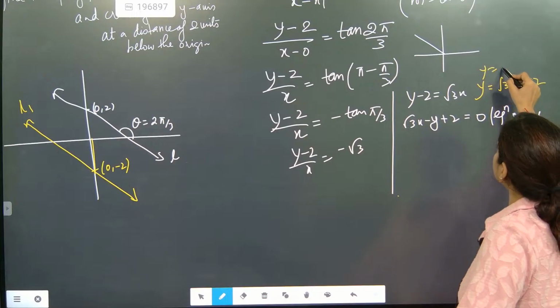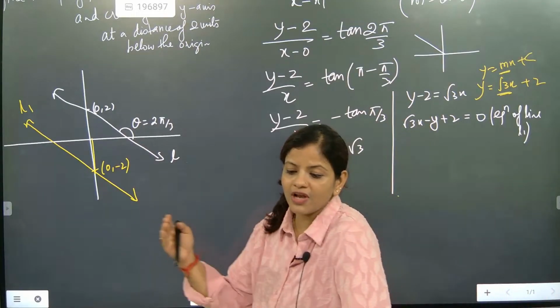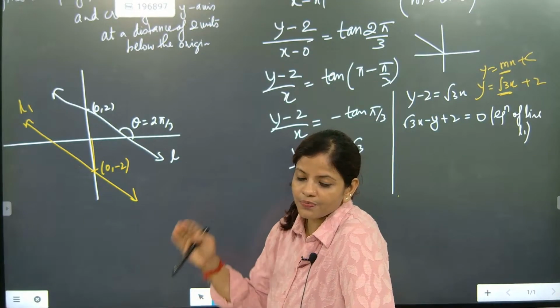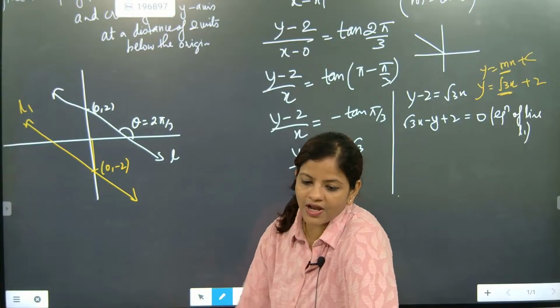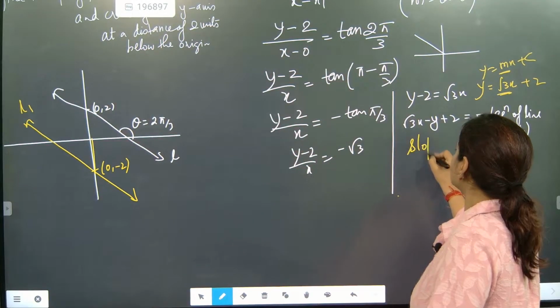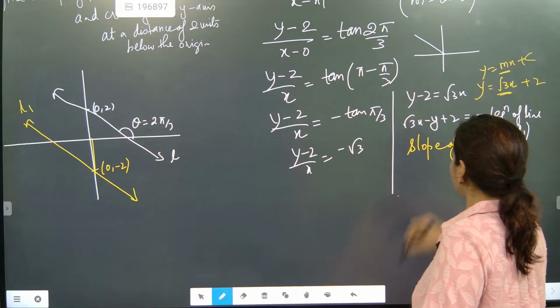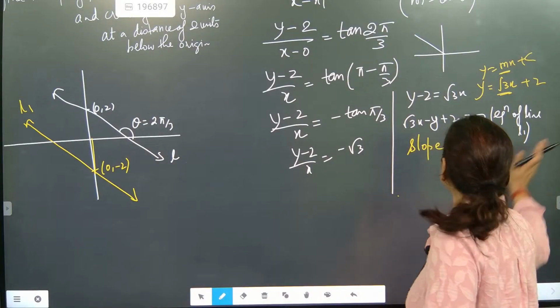This is y is equal to mx plus c. What is m? M is coming as root 3. So what is the slope of line L? Slope of line L is root 3.